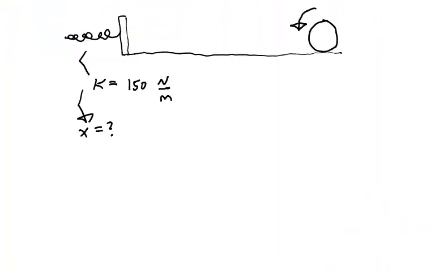All right, now let's say that we have that same rolling ball or cylinder, and then it hits a spring, and that spring compresses a certain amount, X. So when it does, we want to find out how much it compresses.